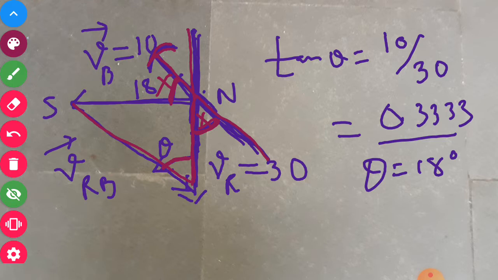This way also it can be understood, because these two angles are vertically opposite angles. Okay, you can see from this figure.